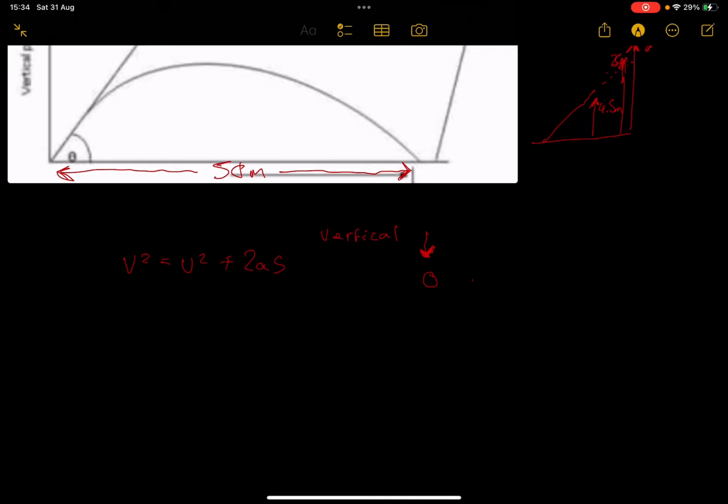That's when the final velocity stops acting under gravity.